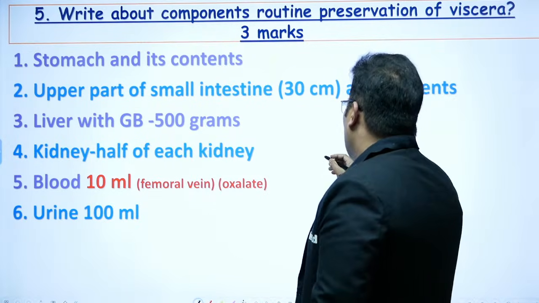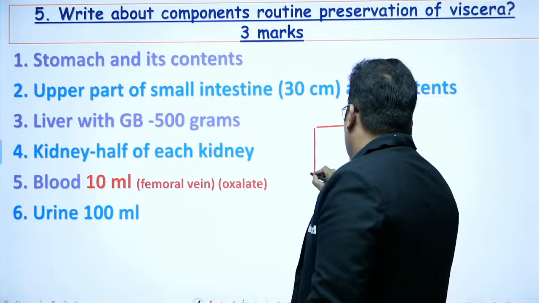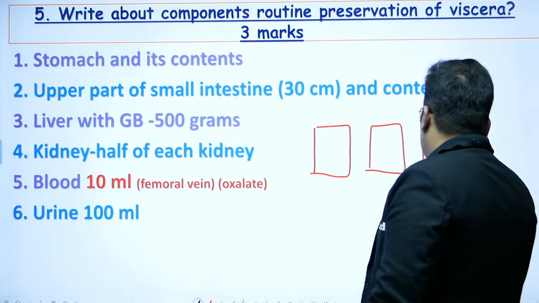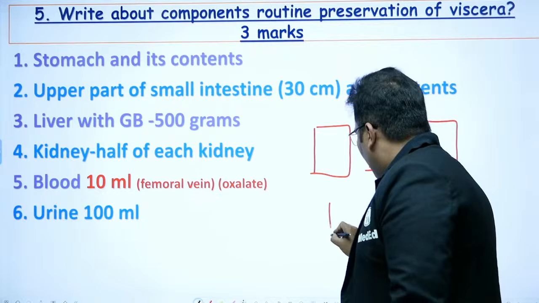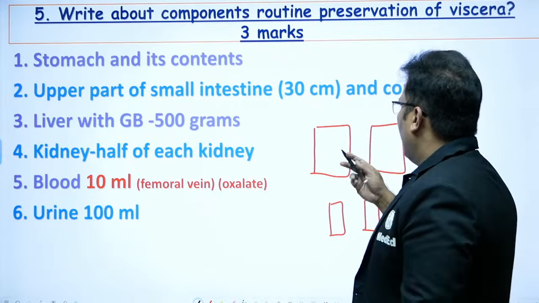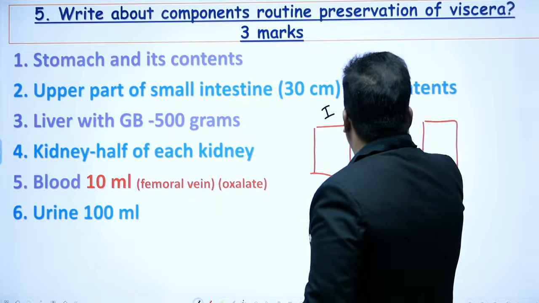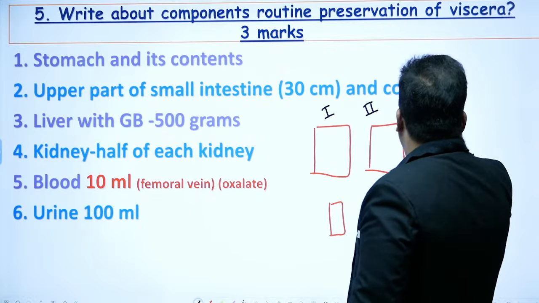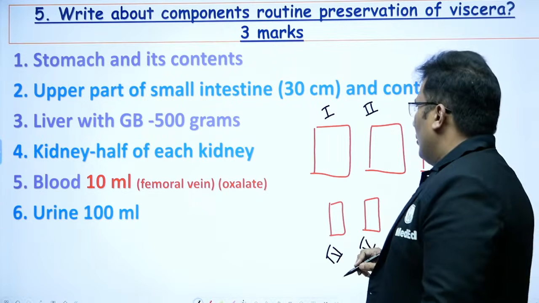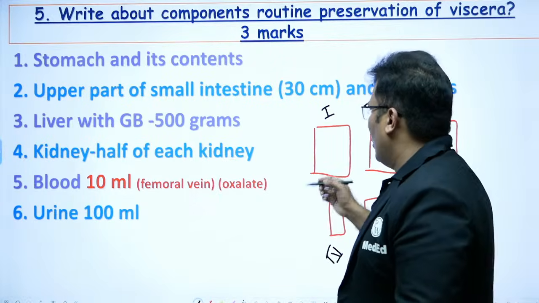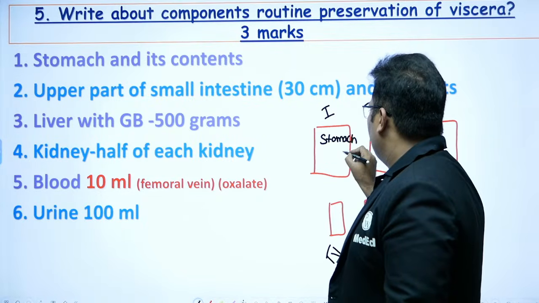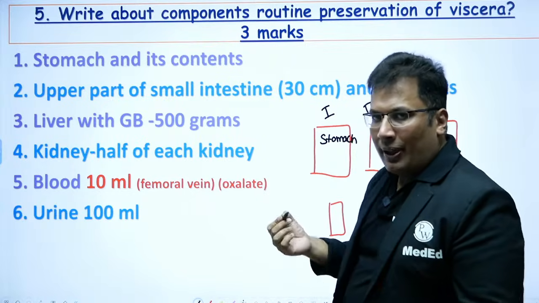So like this, we are going to prepare bottles. Bottle number 1, bottle number 2, bottle number 3, bottle number 4, and bottle number 5. In bottle 1, we preserve stomach and duodenum.